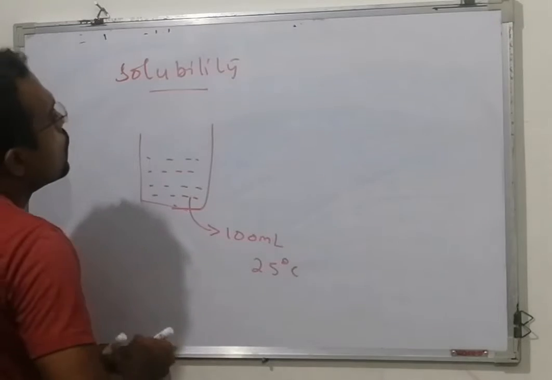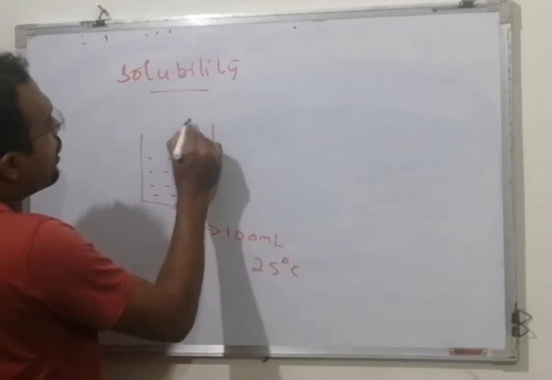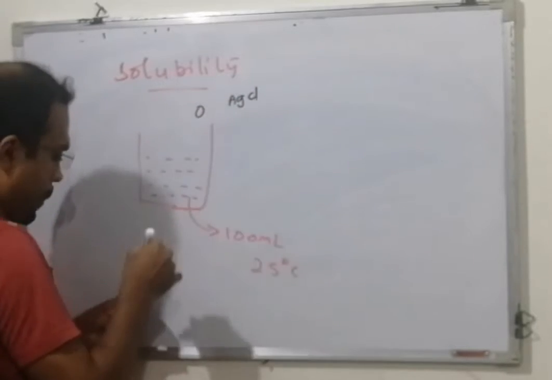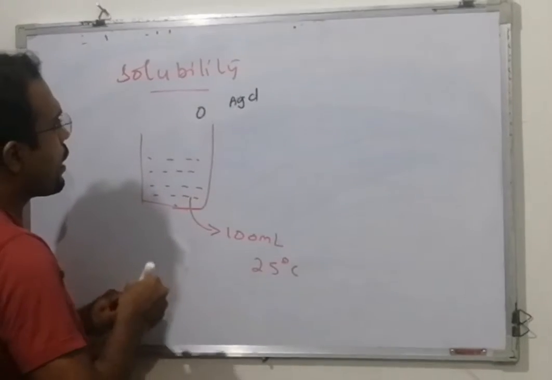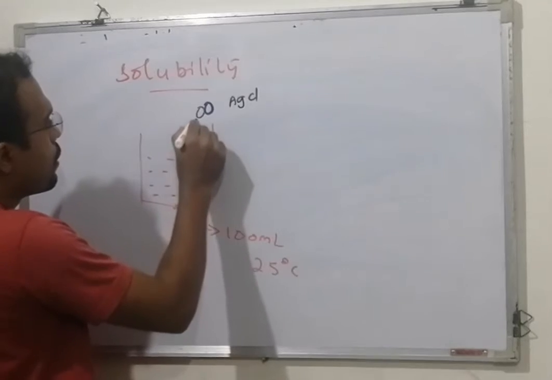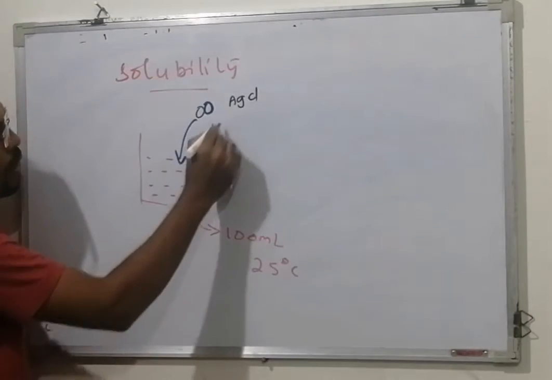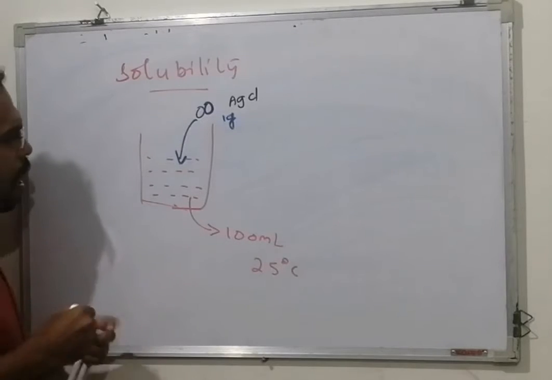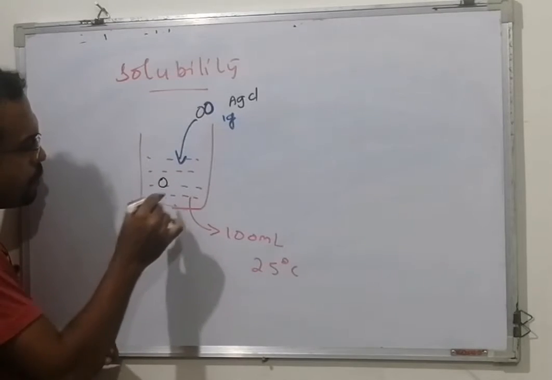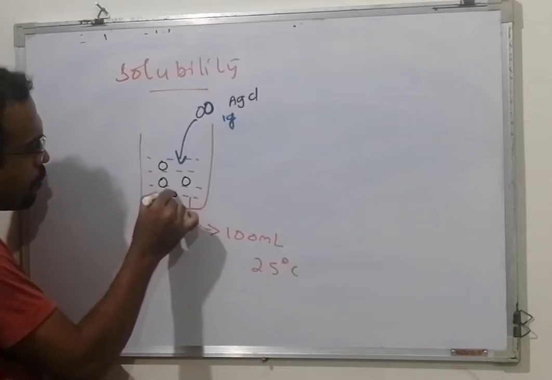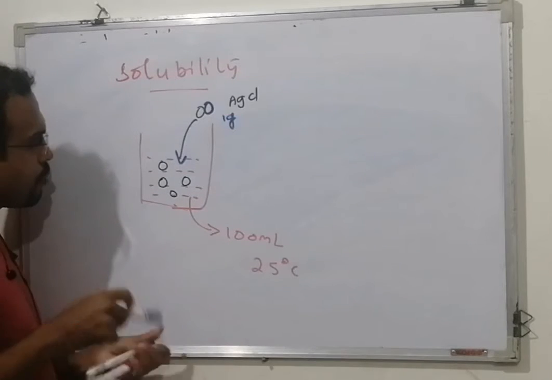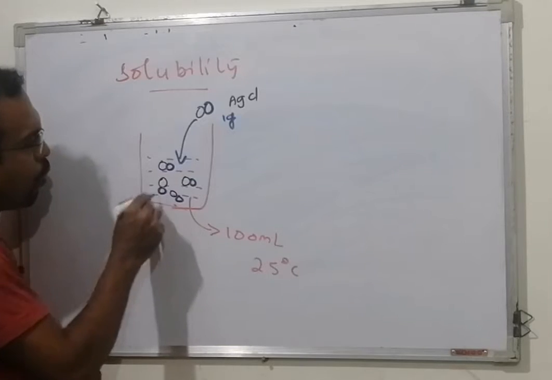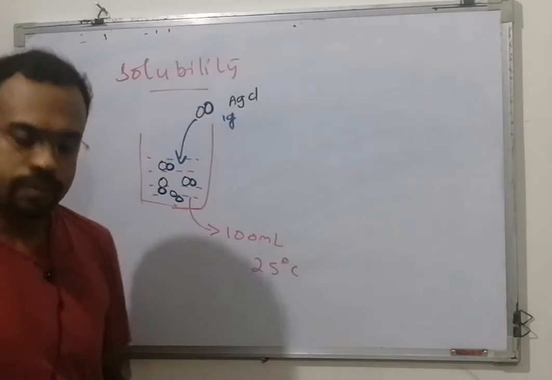Now you keep on adding AgCl. You add 1 gram. All the AgCl dissolved.